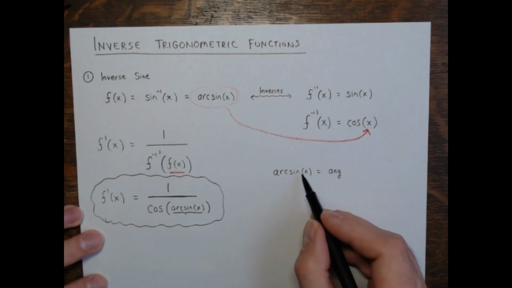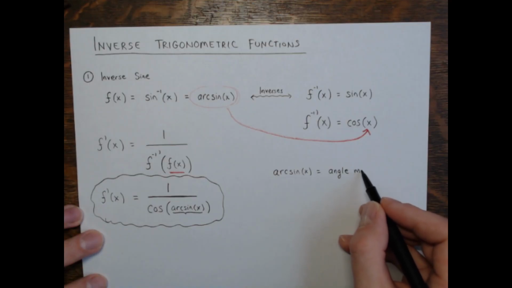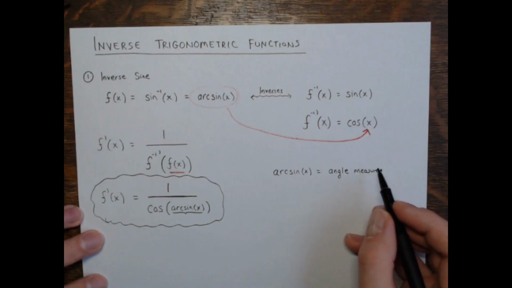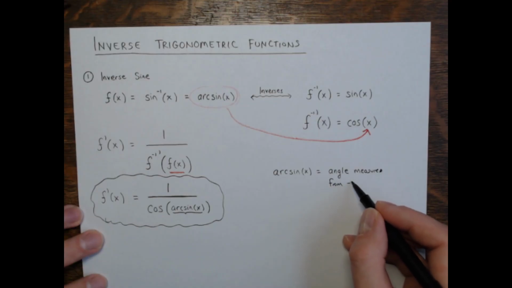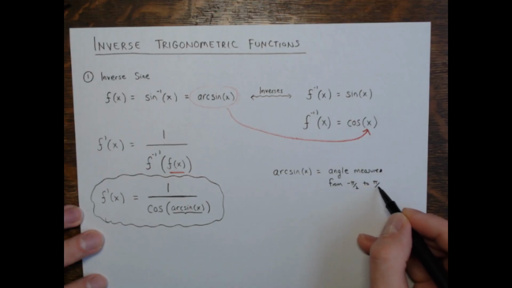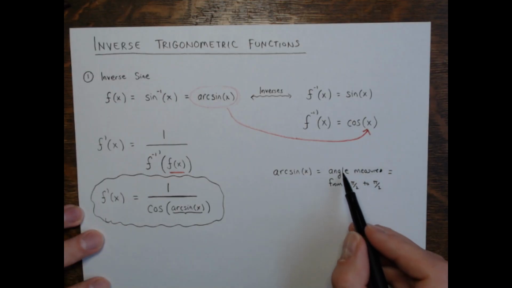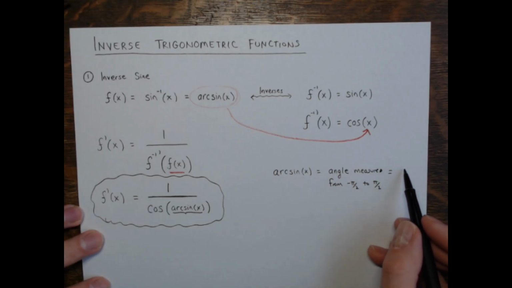When you plug a number into the inverse trig functions, your output is some angle measure. And we saw in the graph that it's an angle measure from negative pi over 2 to pi over 2. So instead of writing all these words out, this angle measure we're going to call theta.